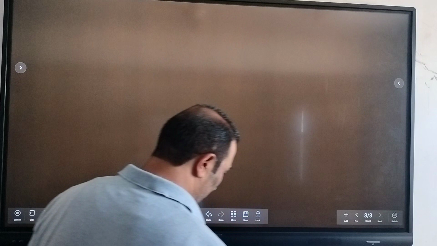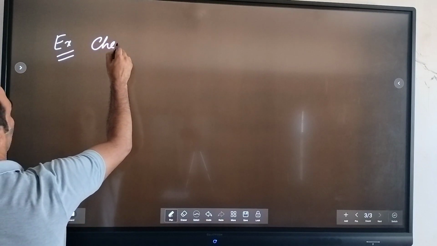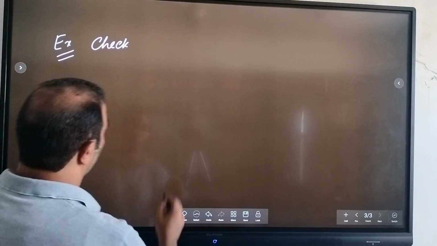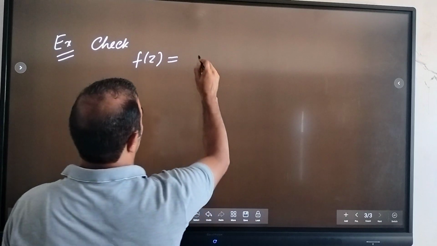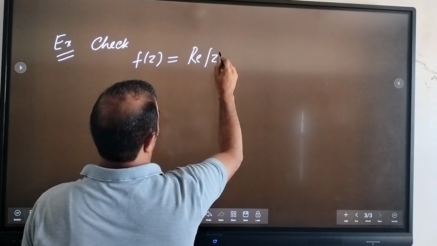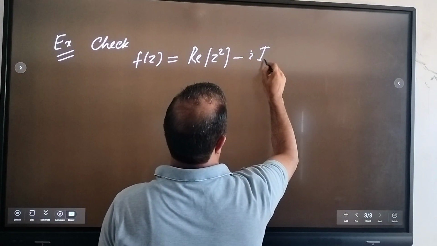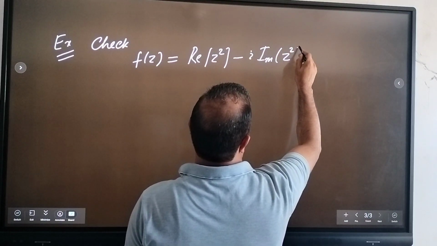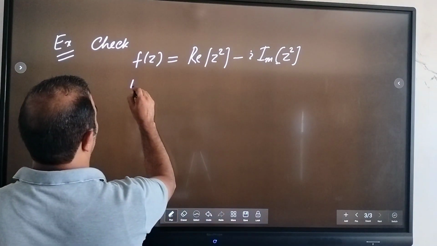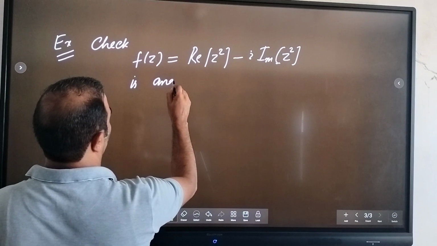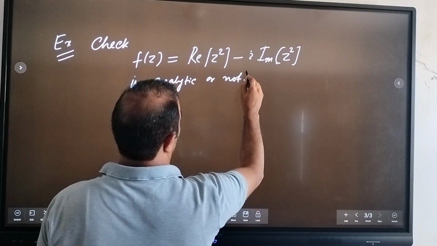And similarly, if we take one more problem, suppose we need to check f of z equal to this.